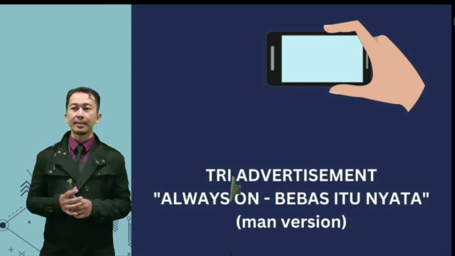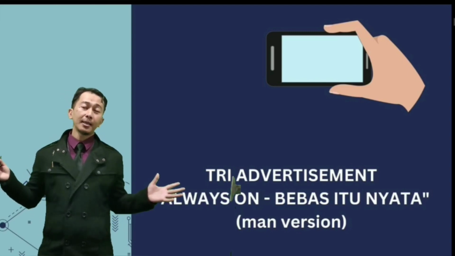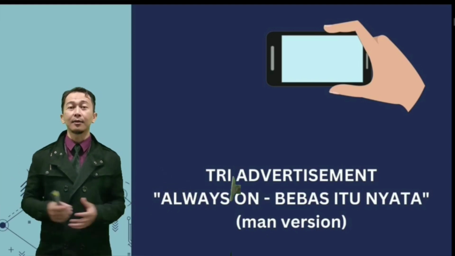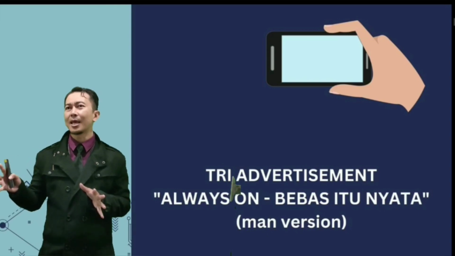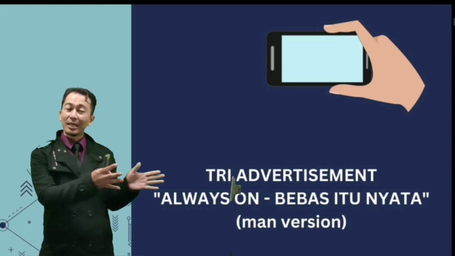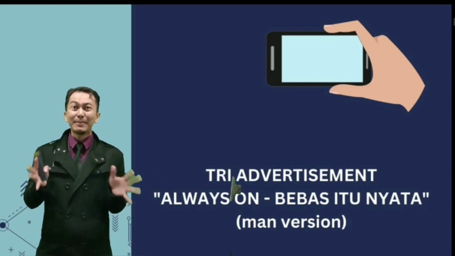And in Bahasa Indonesia, we have bebas itu nyata. Probably all the providers will say bebas, free to use internet, but with different times, sometimes in the night. So this quota would be for these hours, and this is limited.